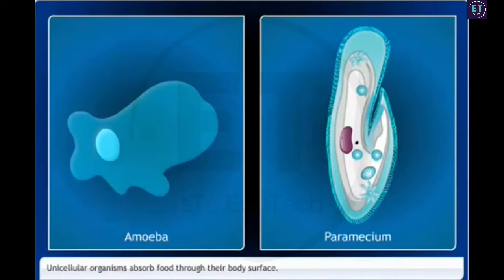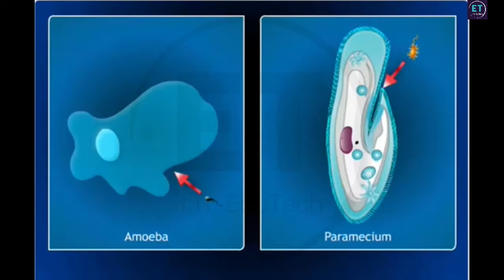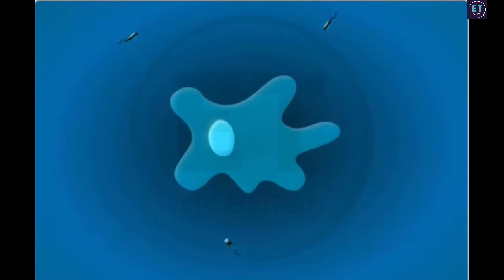Unicellular organisms like amoeba and paramecium do not have any special organs for the process of nutrition. They absorb food through their body surface. An amoeba feeds on microscopic animals that live in water.